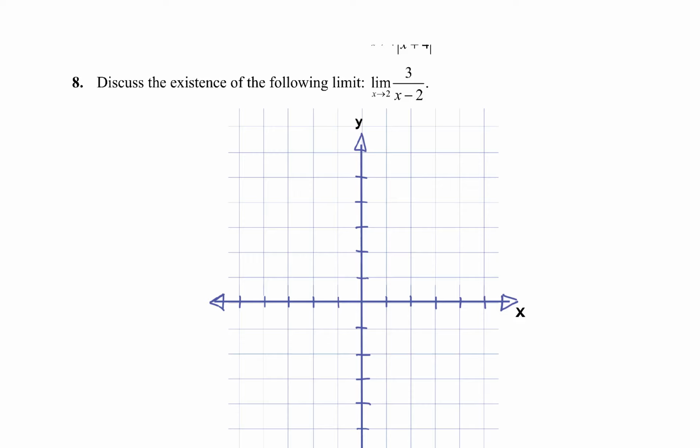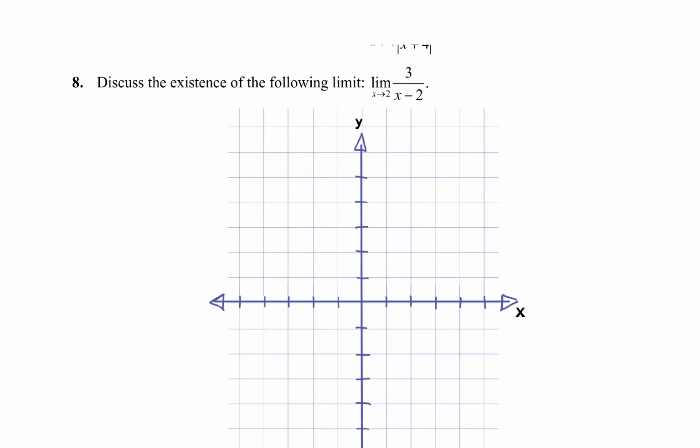Now let's go to discuss the existence of the limit when x tends to 2 of the function 3 divided by x minus 2. So we said that there are 3 ways of doing it. The first way is to graph the function. The function is not defined at x equal 2.